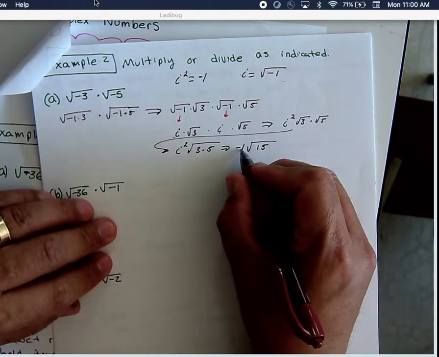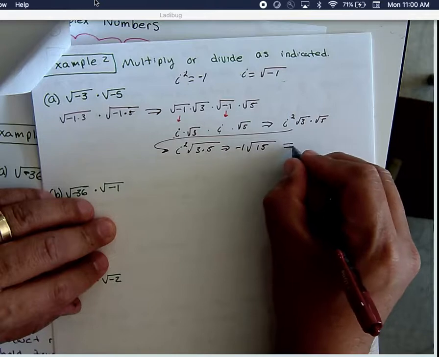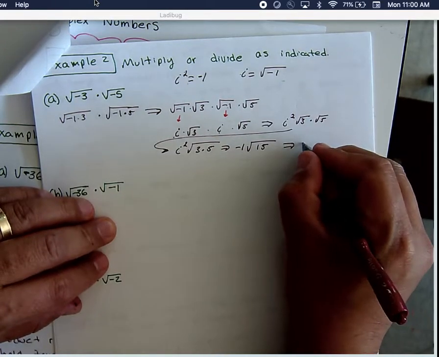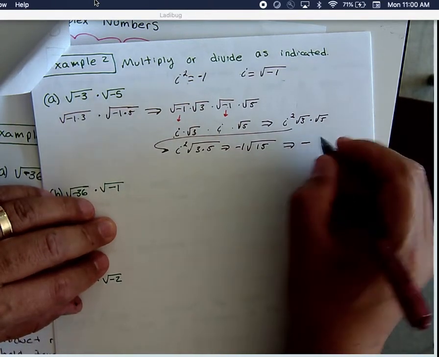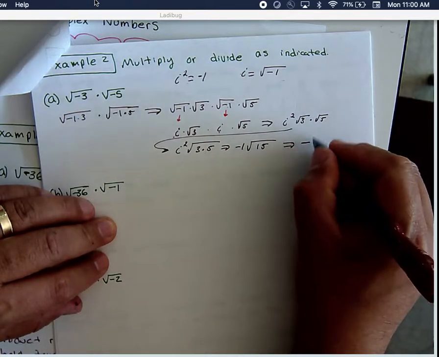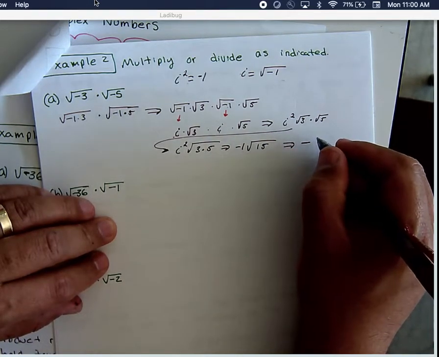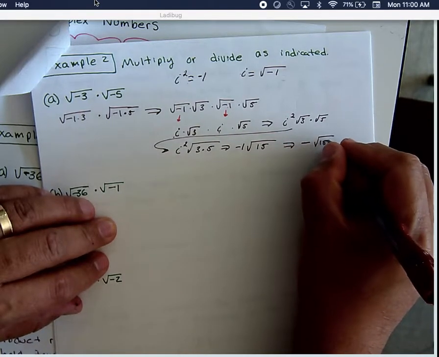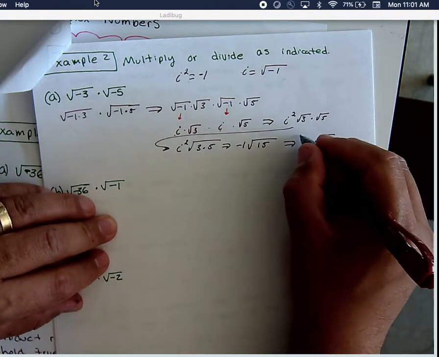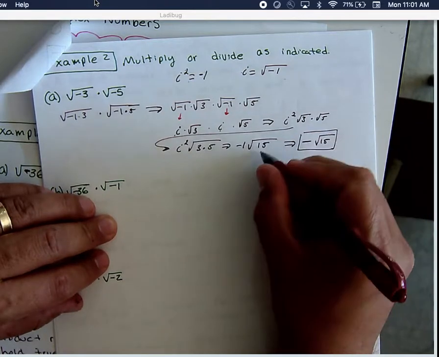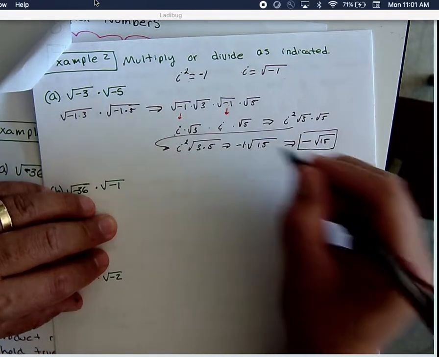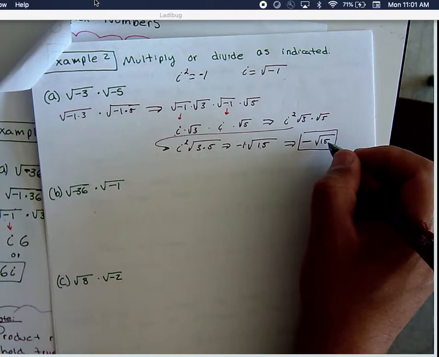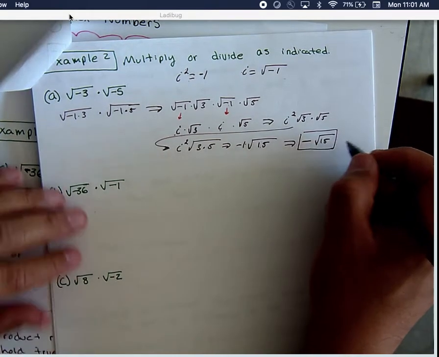And you don't need that 1. You can have a negative just like that, because the 1 is implied, and then you would leave this one because we cannot simplify it further. But if you give me that answer, that would be fine. It just looks better like this. So that would be the final answer.